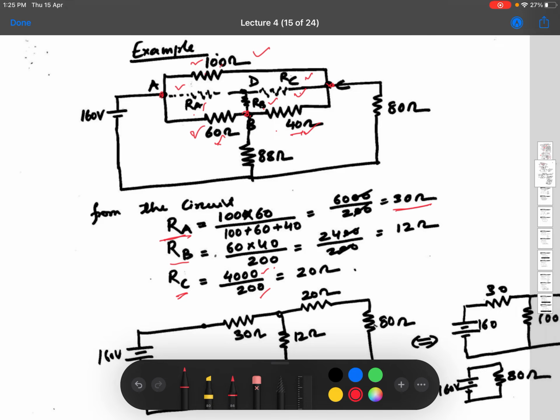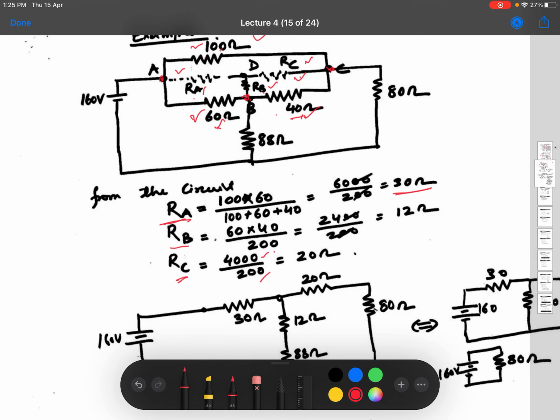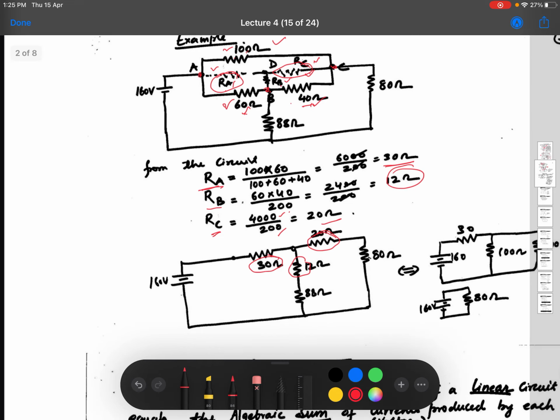So you get these three resistances. If I replace this delta connection by the star connection, you have a D point extra, and the same circuit comes out like this. This is 30 ohms RA, this is 20 ohm RC, and this is 12 ohm RB.